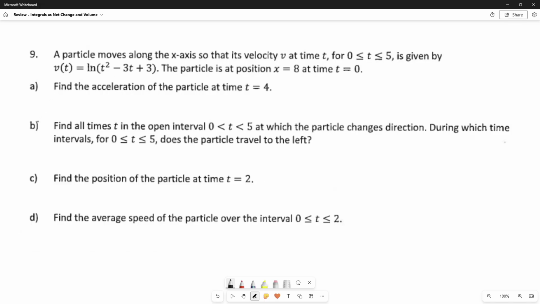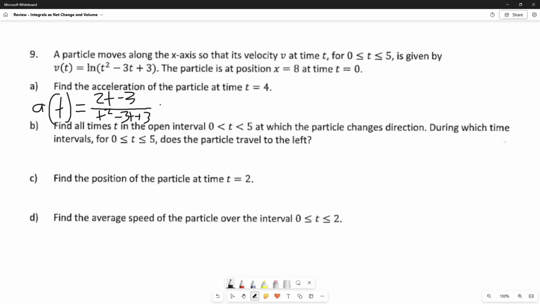And what we need to do first is find our acceleration function. And our acceleration function, as you should know already, is the derivative of the velocity function. So we just take the derivative of this, which is 2t minus 3 over t squared minus 3t plus 3.